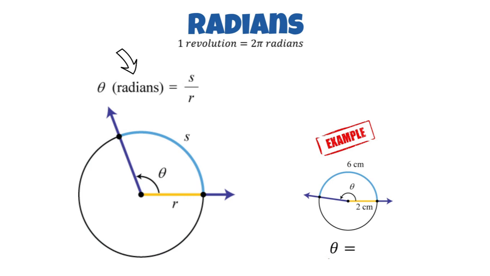The next thing that I want to talk about on angles is radians and what we've talked about so far with radians. We know that 1 revolution is equivalent to 2 pi radians. Those are angles in there. That's how many angles I could fit in. So if you look at this, theta, which is our angle here, can really be found by taking this arc length and dividing it by how many radii will fit.